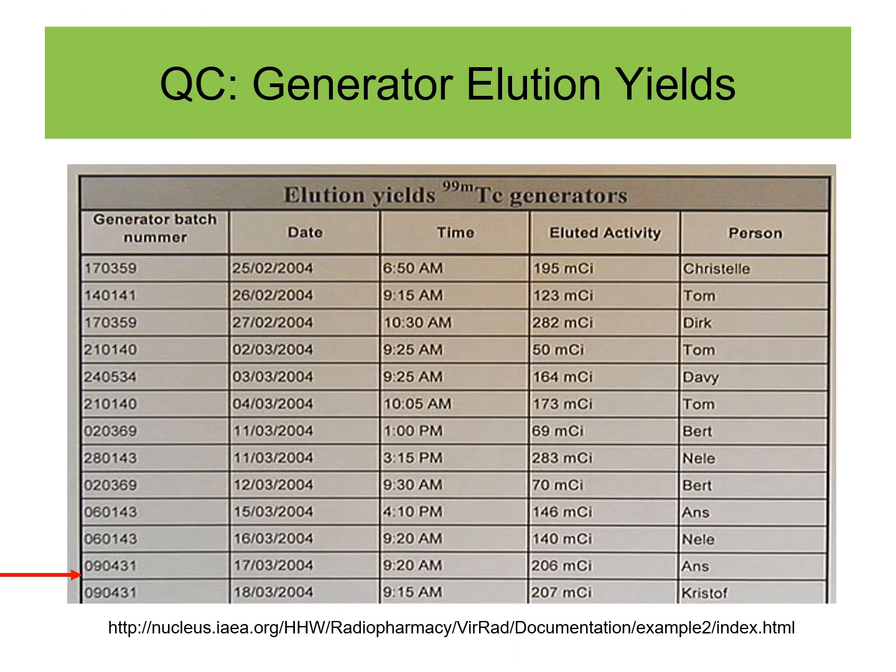So this is an example of elution yields from several generator systems in one of the nuclear medicine centers. You can see, based on the generator batch number, let's follow the last one, 090431. On the 17th day of the month, you managed to elute 206 millicuries, and the following day, 24 hours after that, you can still elute 207 millicuries. Roughly the same quantity of technetium-99m pertechnetate can be eluted.